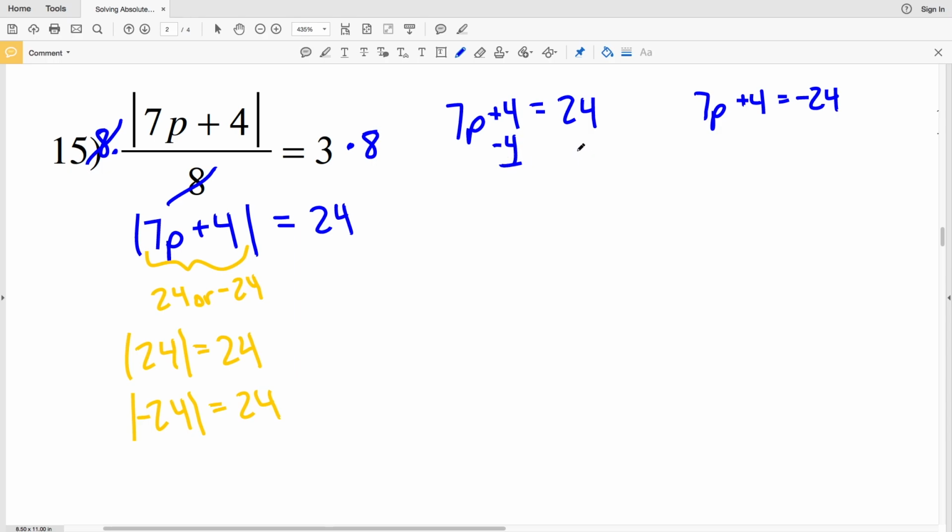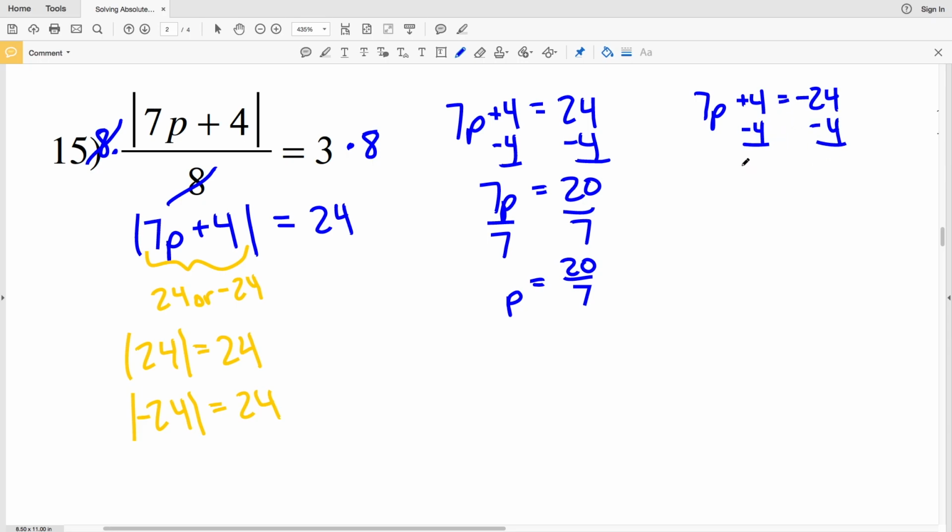Subtract 4 from both sides when the 24 is positive, and we'll get that 7p is equal to 20. Divide by 7, so you get that p is equal to 20/7, and that cannot be simplified. When 7p plus 4 equals negative 24, and we subtract 4 from both sides, we get that 7p is equal to negative 28.